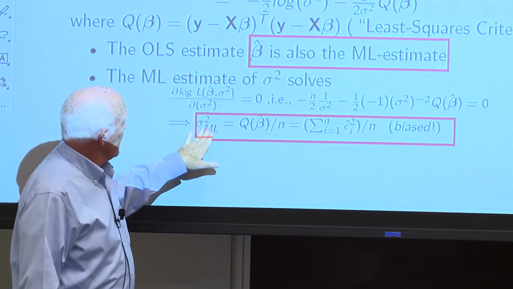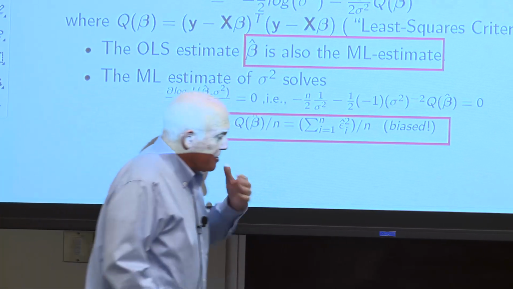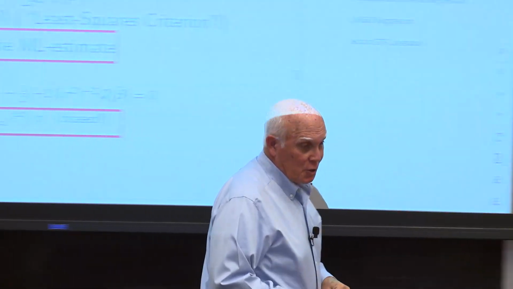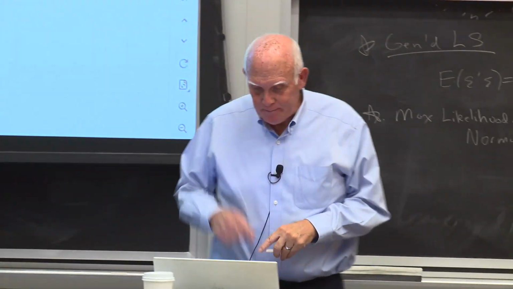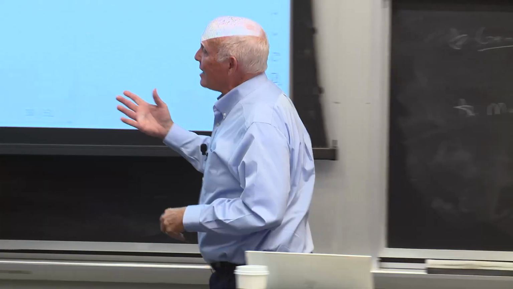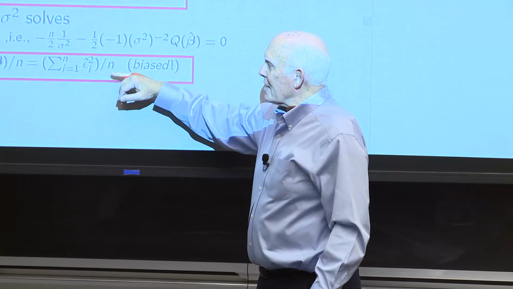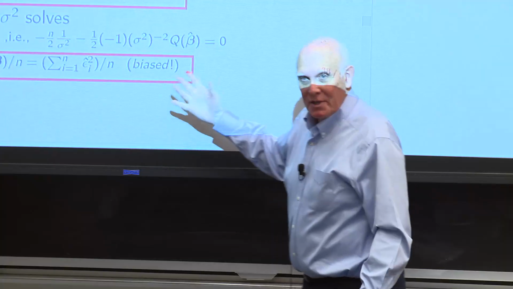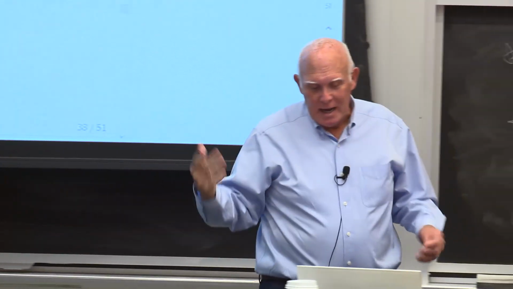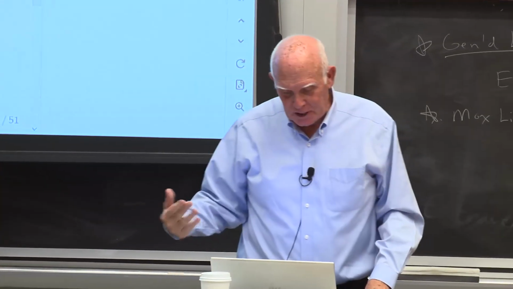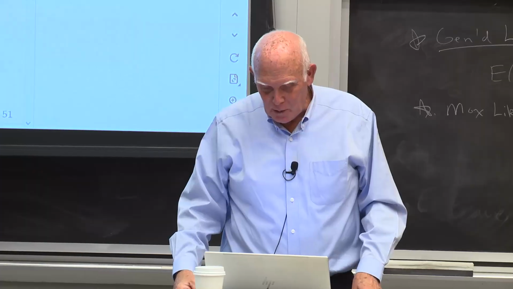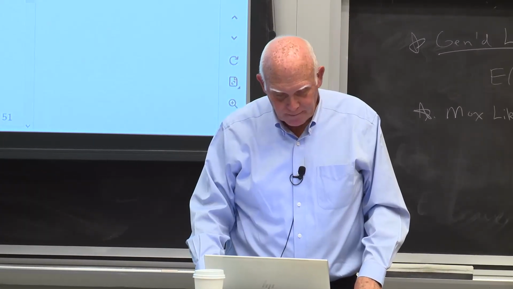And we get that the maximum likelihood estimate is simply the sum of squared residuals divided by n. Now, with maximum likelihood, in this case, we actually have a biased estimate of this error variance. And it's important just to note that that's the case.